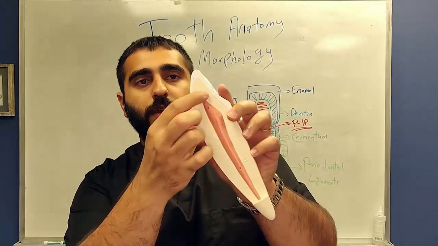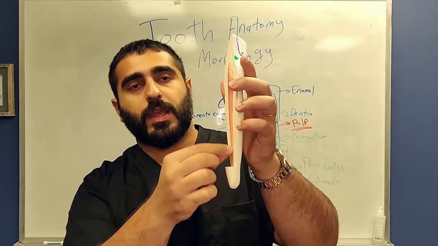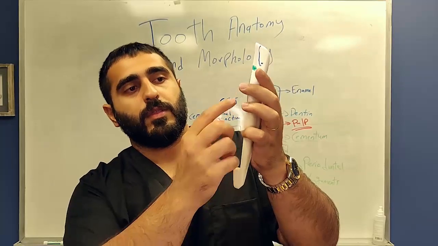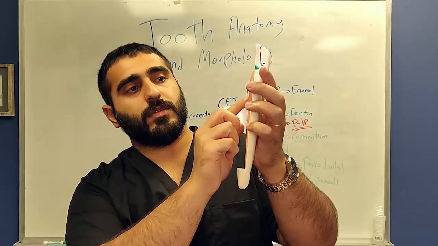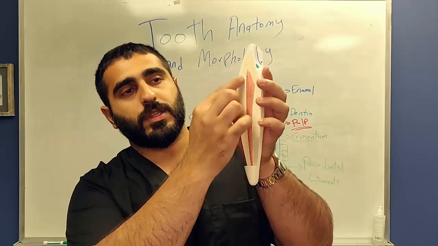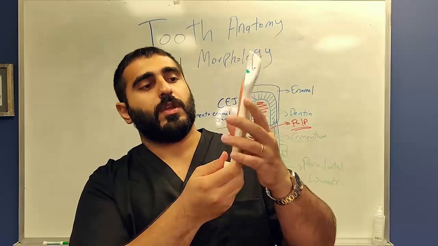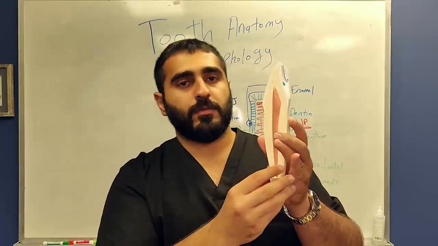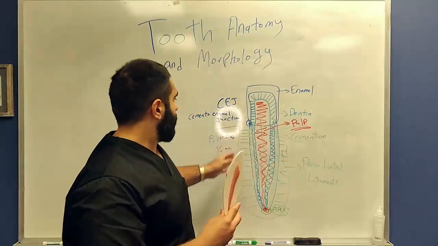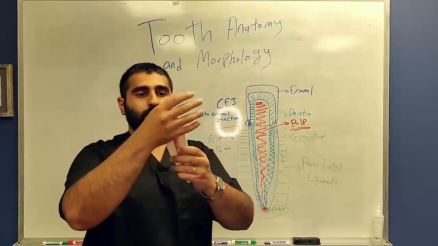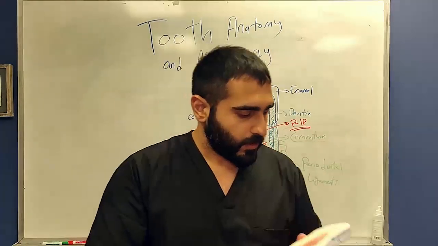This yellowish layer would be the dentin, and this bloodline here would be the pulp. The layer that's outside the dentin, as you can see, the dentin goes into the root as well. This was the crown and this was the root. This outer layer is the cementum. This doesn't have the periodontal ligament or the alveolar bone. This is just the tooth itself.